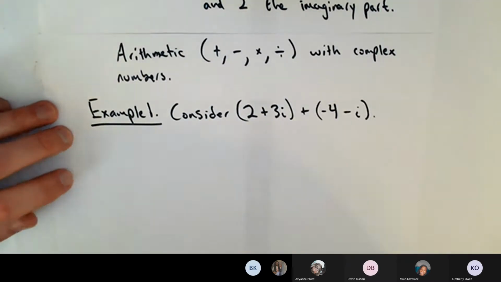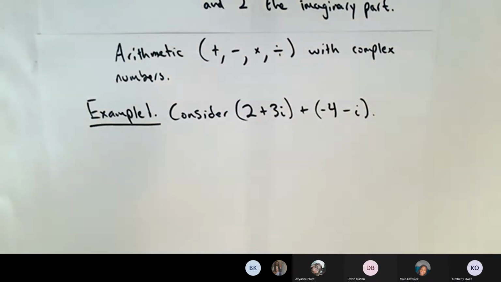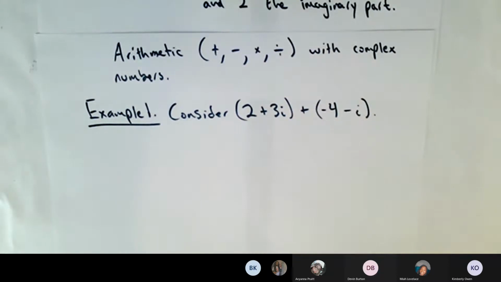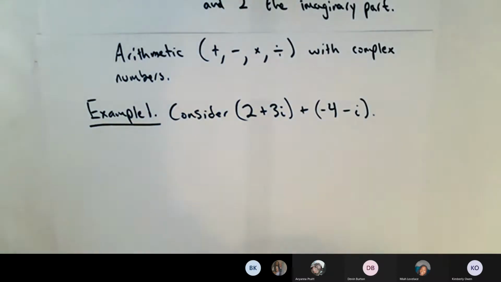So if I just gave you this and asked you to add these, a lot of you would probably end up getting the problem right, even without knowing really what to do, because the thing we're about to do is very intuitive. It makes sense for how you know to deal with adding like terms.